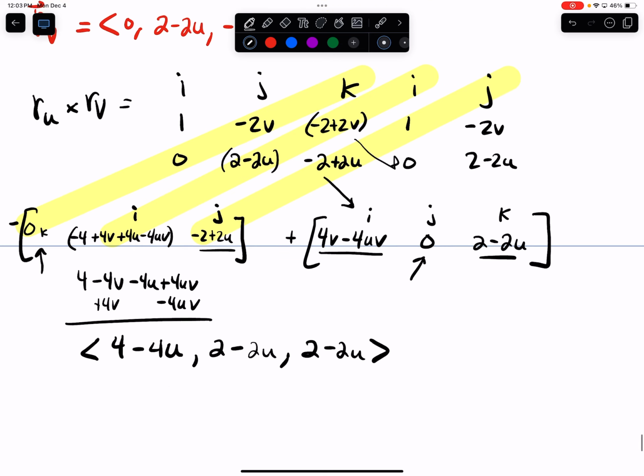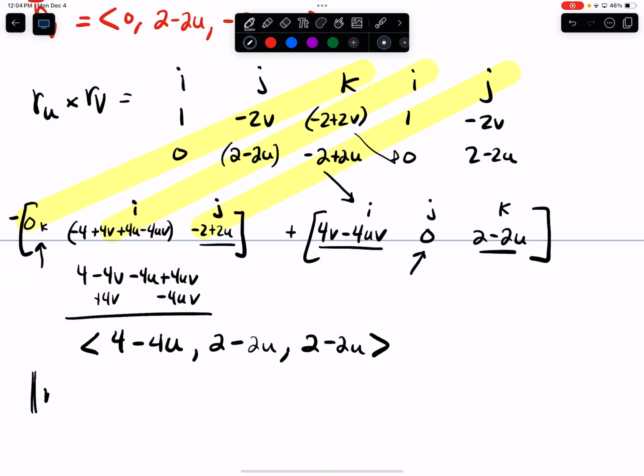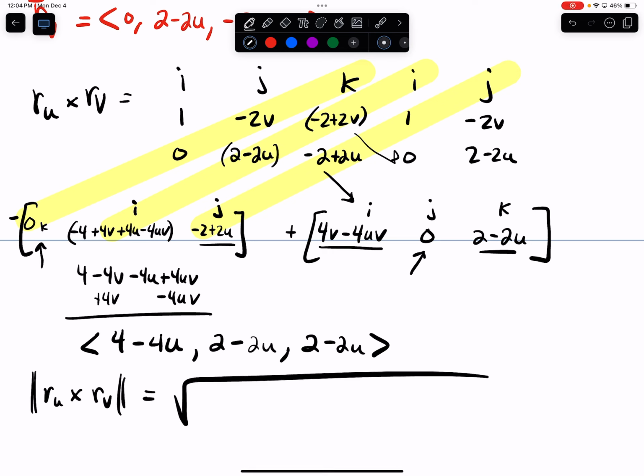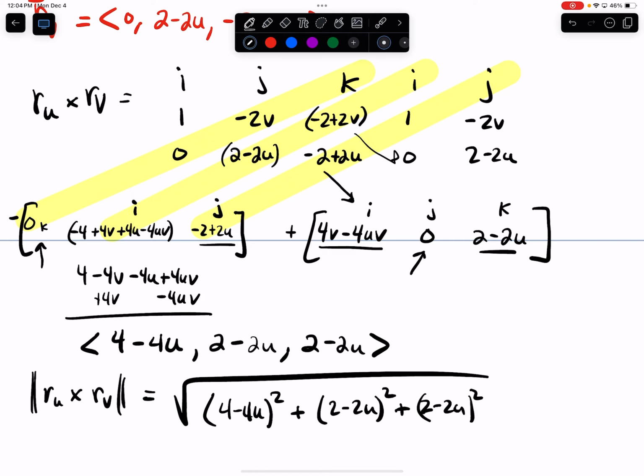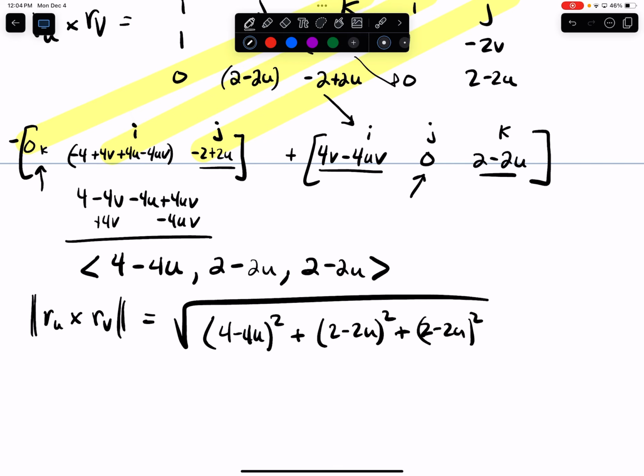All right. So now we need the magnitude of R_u cross R_v. So take the square root of 4 minus 4u squared, plus 2 minus 2u squared, plus 2 minus 2u squared. I think I could factor.